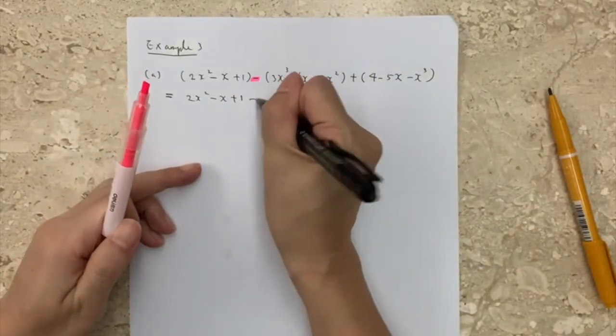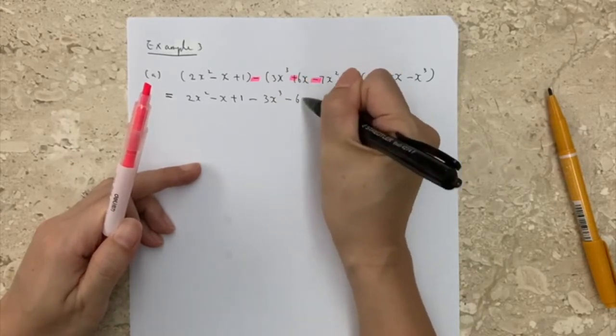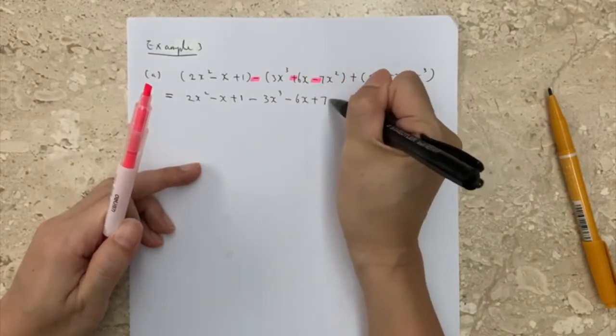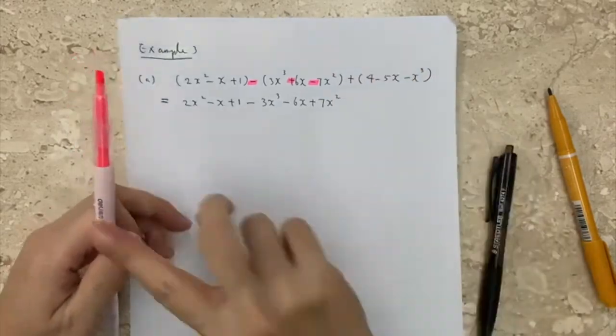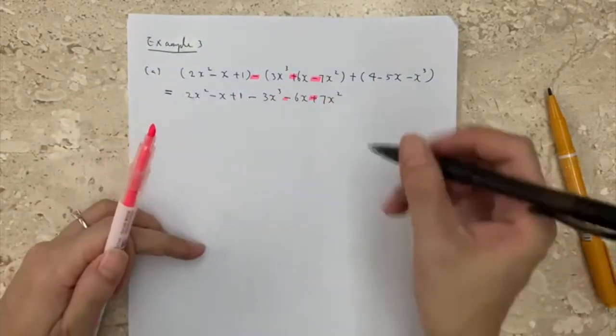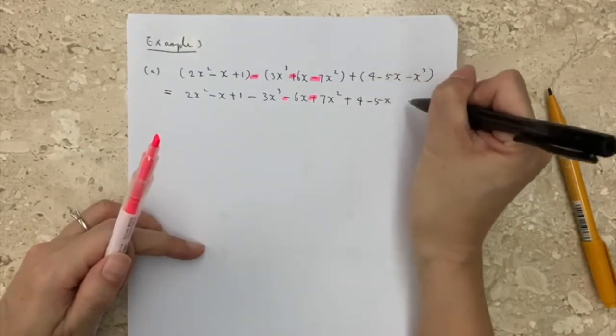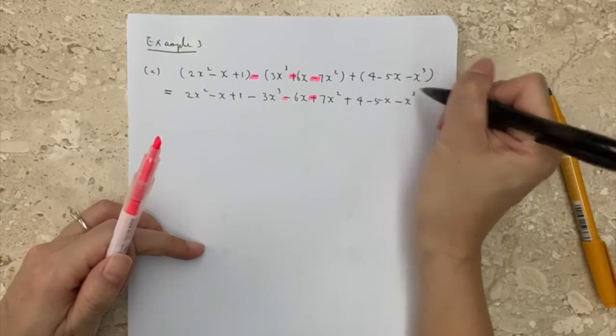So that will be minus 3x to the power 3 minus 6x plus 7x squared. Just be very, very careful about the sign here. And then plus 4 minus 5x minus x to the power 3.